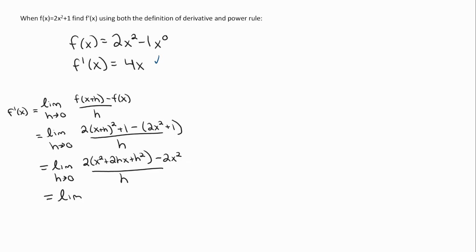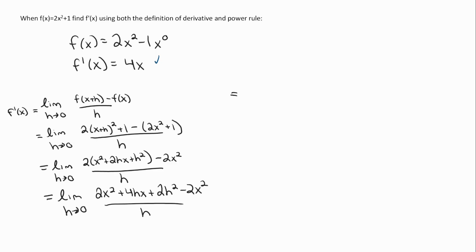And we'll find out that the limit of h approaching 0 of our function now is going to be 2x squared plus 4hx plus 2h squared minus 2x squared divided by h. Our 2x squareds will cancel out because there's a positive and a negative, which makes it very easy. So I'm going to continue this over here.